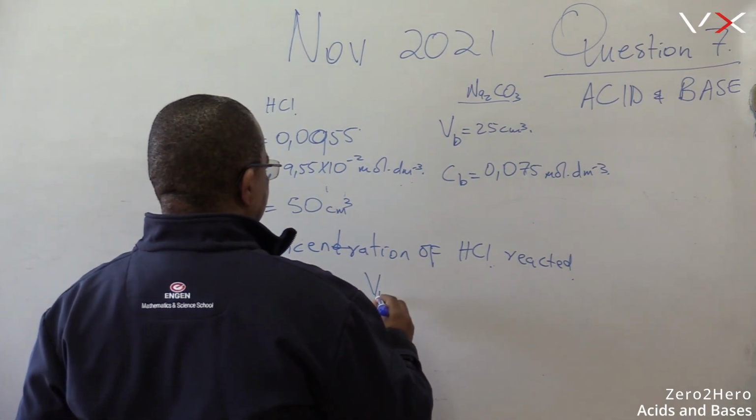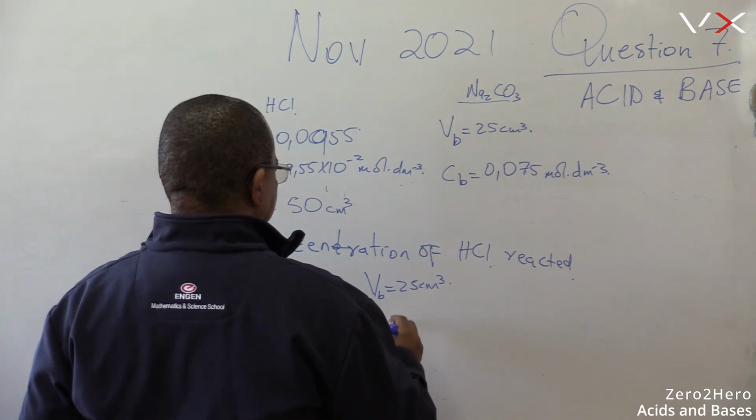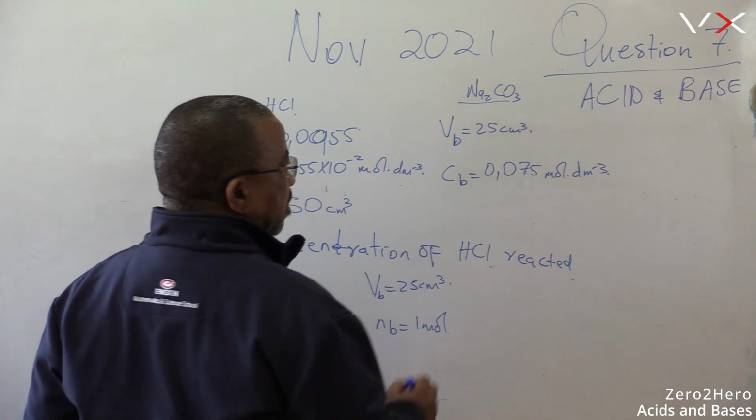So the volume of the base is 25 cubic centimeter. Then the number of moles of base, how many moles from the equation? 1 mole.